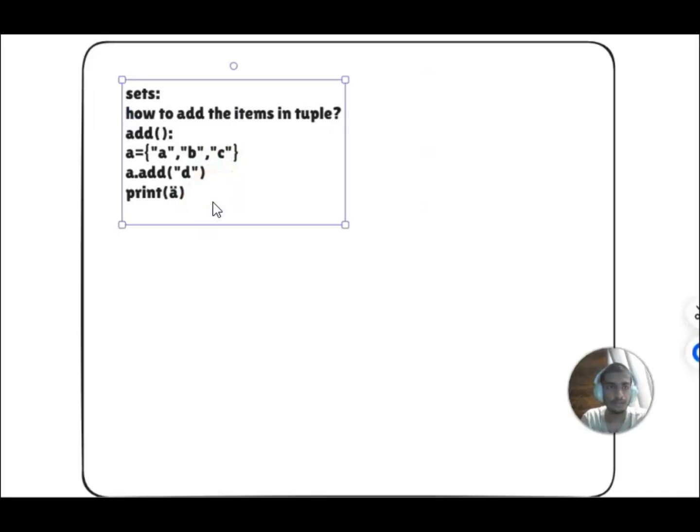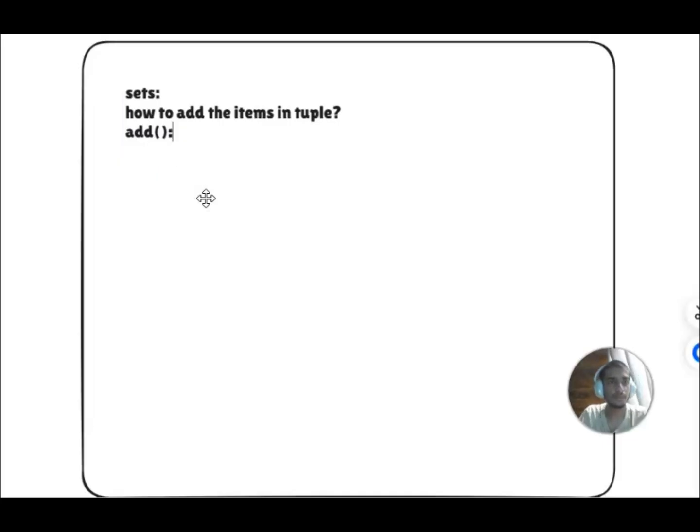Now let's add two sets. Adding the two sets, not only sets. Instead of sets, you can also use a list, tuple and dictionary, by using the second list. Let's create a tuple A and C. Let's create one more set.